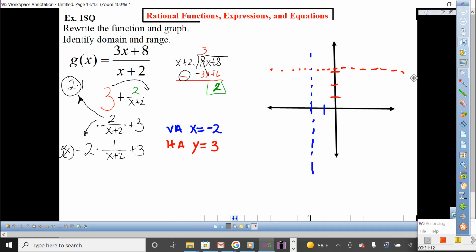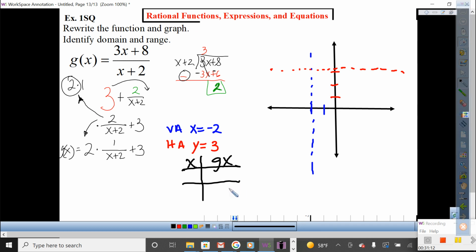All right, so, table. We need 2 values. Yes, negative 3, negative 1. This is negative 2. That means we're going to go 1 to the left to negative 3 and 1 to the right to negative 1.